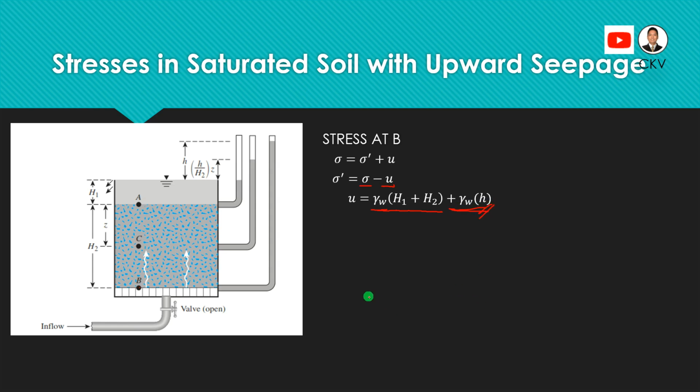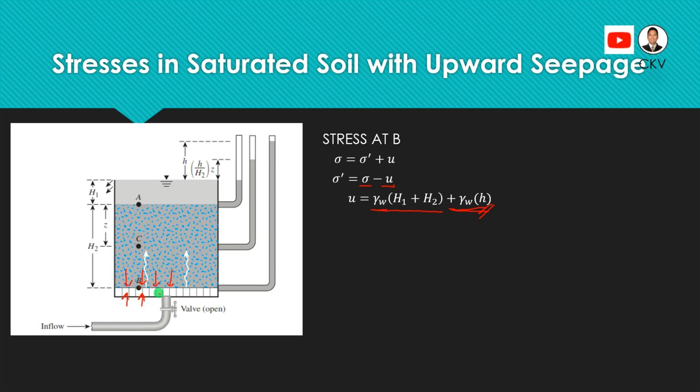So based on what you see in the figure, the tendency of the pore water pressure above point B is to have a downward direction due to gravity. But on the other hand, we have an upward seepage.